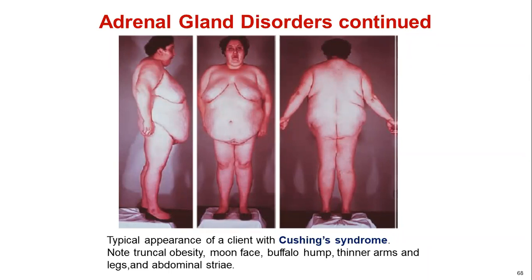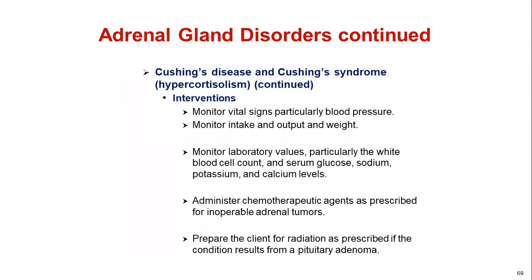If you go to the laboratory test, we can see elevated cortisol level, increased glucose or sodium level, but decreased potassium and calcium level, opposite of Addison. Intervention: monitor the vital signs, monitor input output, monitor laboratory values, particularly white blood cell count, right?